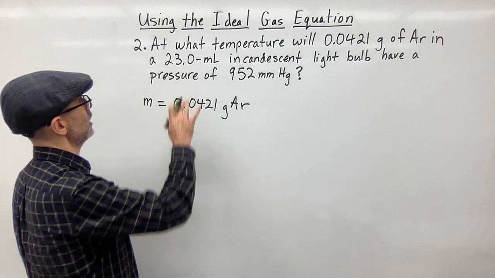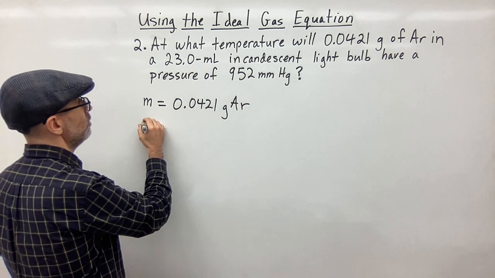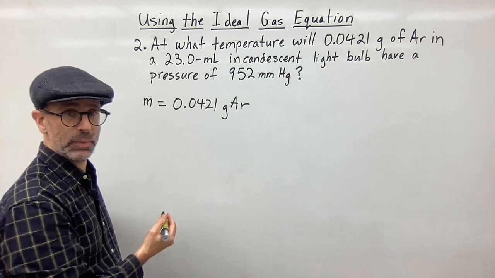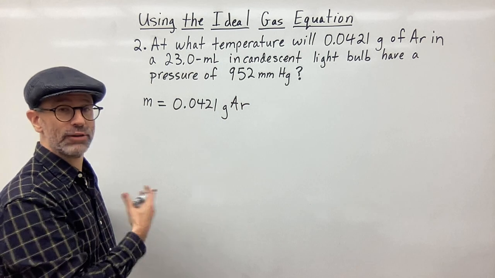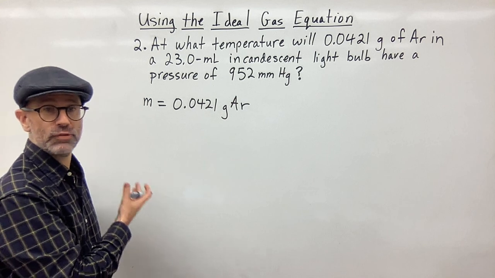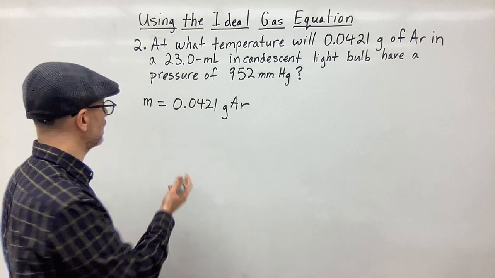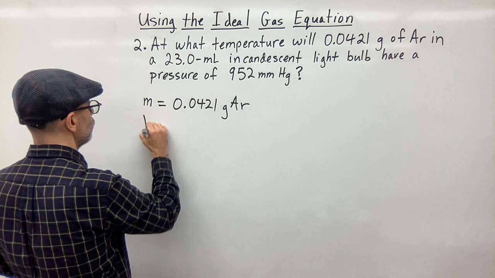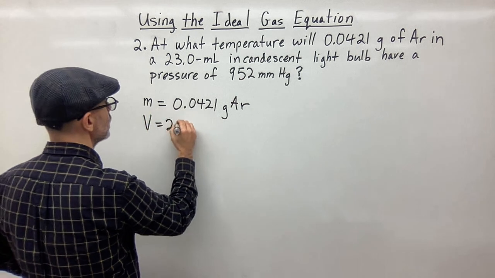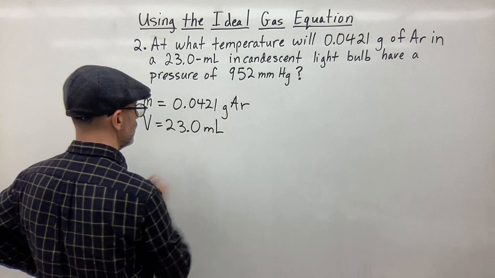And they're giving us the volume of the light bulb. The thing about gases, remember, is that they take the volume of whatever container they are in. In this case, the gas is in the light bulb, so if the light bulb is 23.0 milliliters, then that's the volume of the gas. So the volume of the gas is 23.0 milliliters.